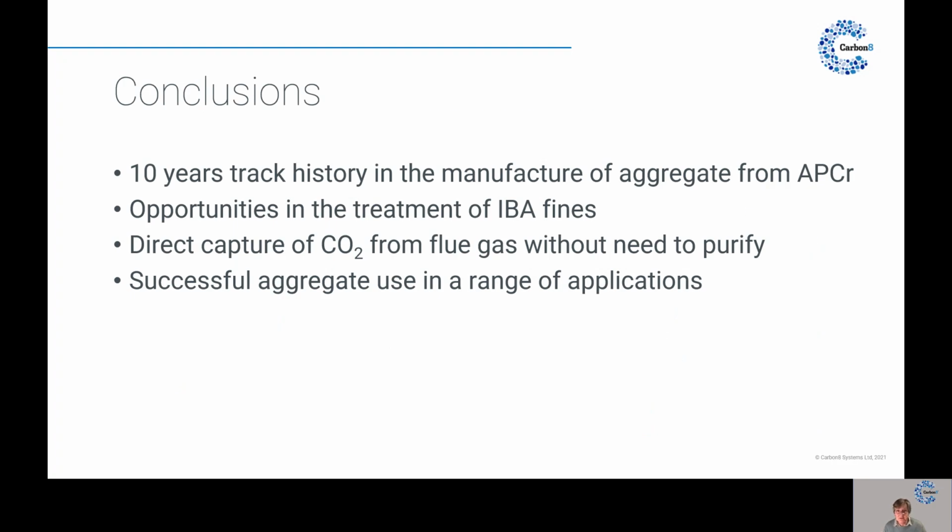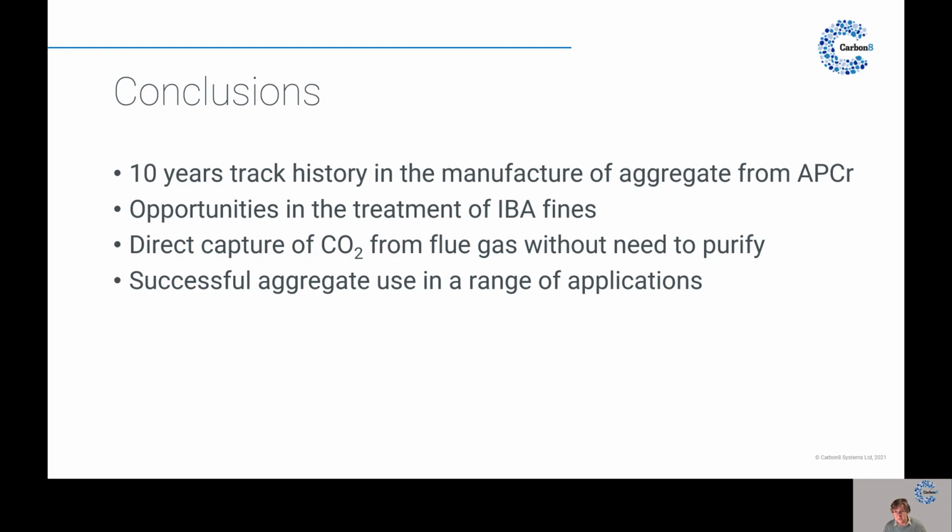So we have a 10 year track history of the manufacture of aggregate from APCR and its use in principally concrete blocks. There is an opportunity to treat particularly the fines from incinerator bottom ash rather than leaving them out to weather.